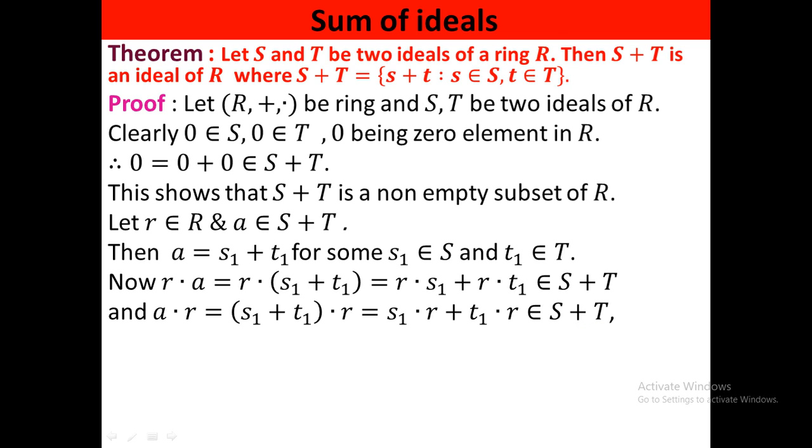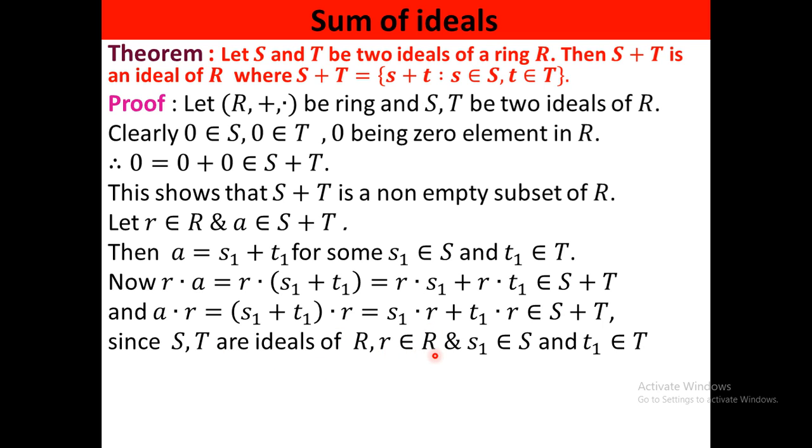I give the reason: S and T are ideals, R belongs to the ring, S1 belongs to S, T1 belongs to T, which implies that R dot S1 and S1 dot R belong to S, and R dot T1 and T1 dot R belong to T, because S and T are ideals and R is an element from the ring and S1, T1 are elements from the non-empty subsets.